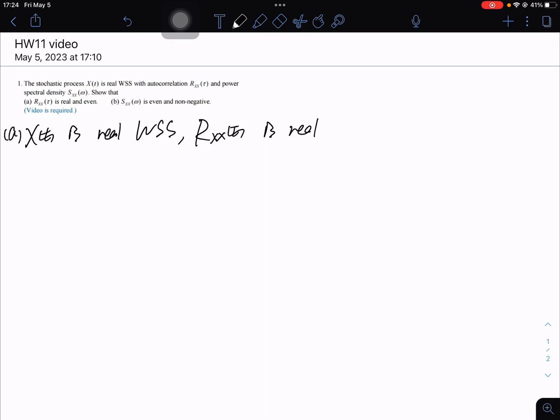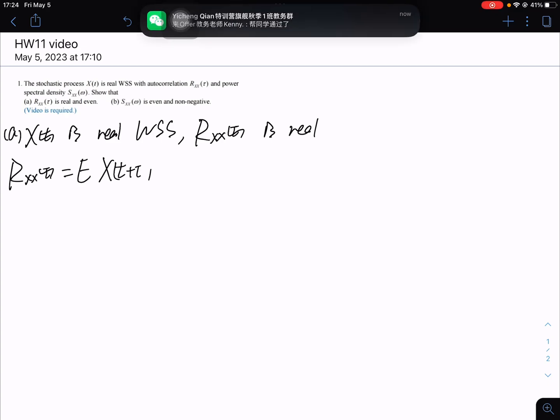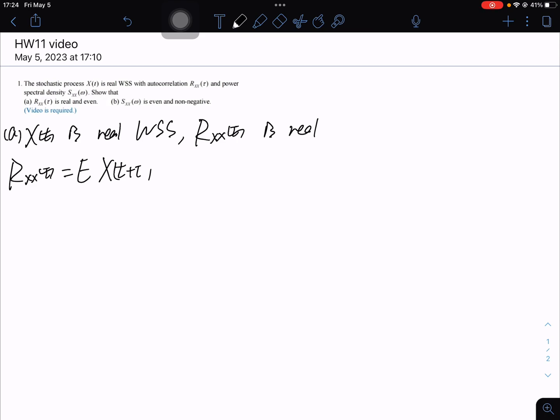Second, R_xx(tau) equals E[x(t plus tau) x(t)]. Since x(t) is real WSS, and R_xx(tau) is equal to this, we can get that it is real too.